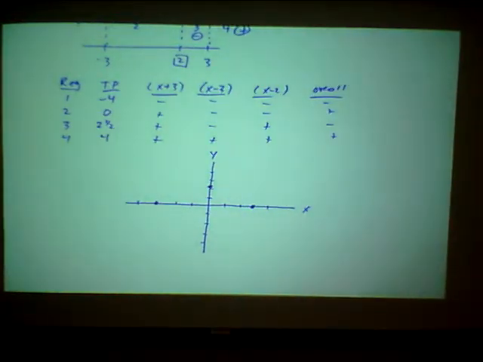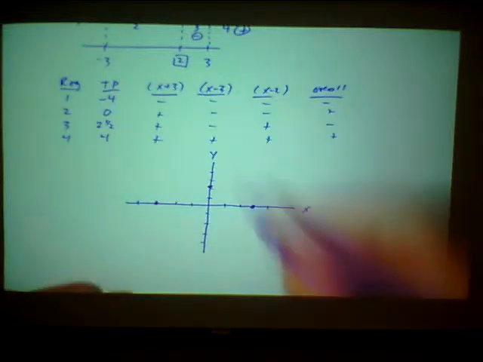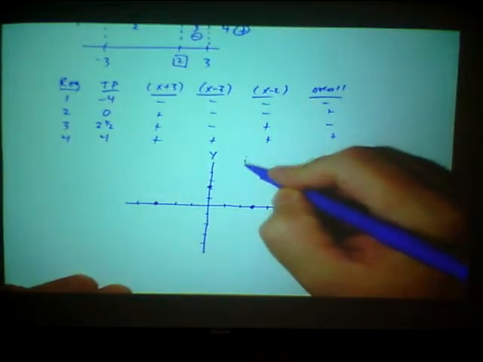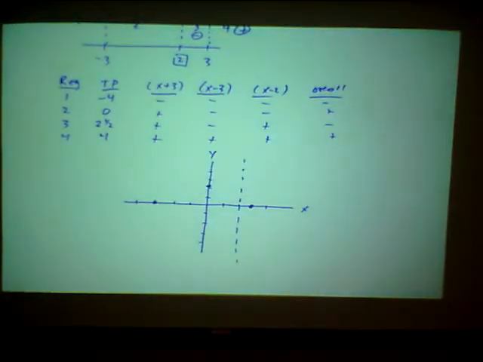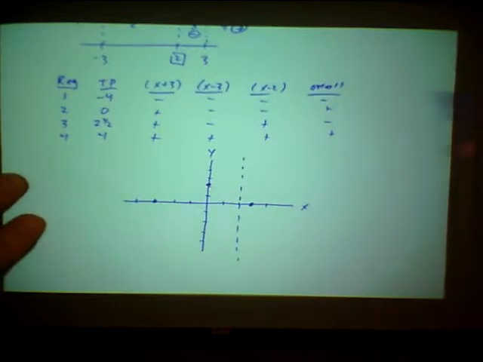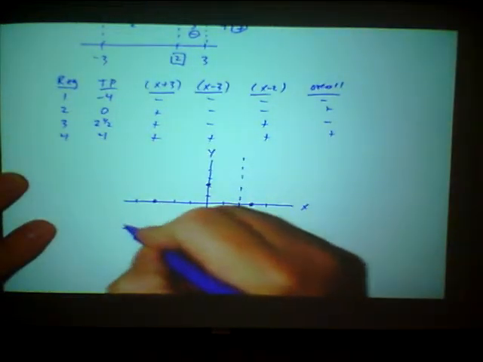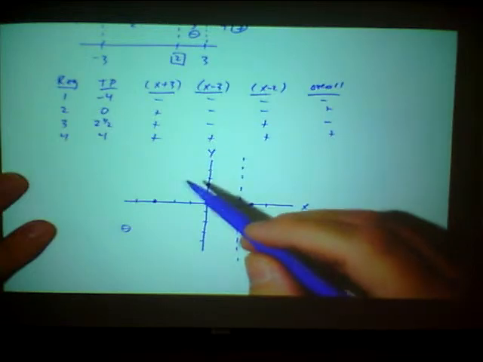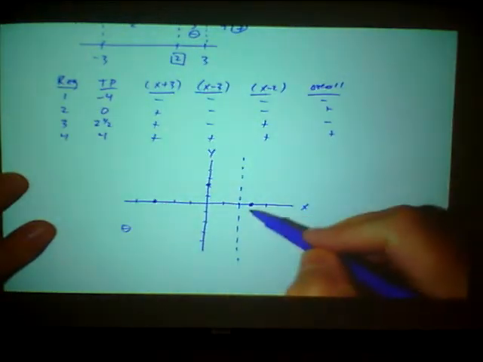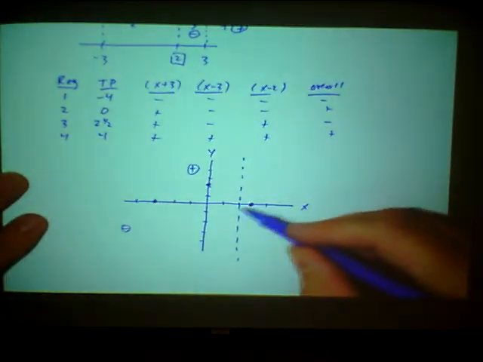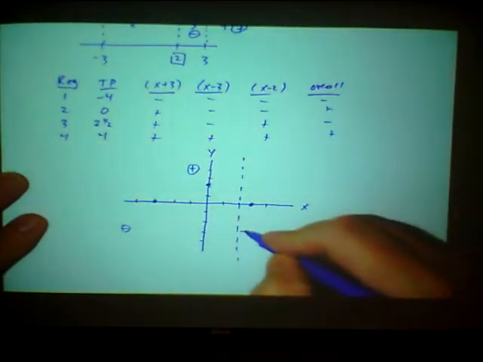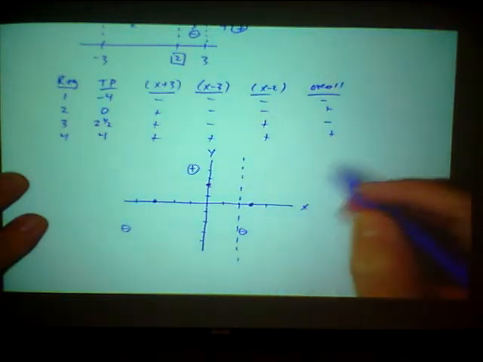I have a vertical asymptote at x equals 2. And then let's put in my sign chart stuff. So from negative 3 to negative 4, this region is going to be negative. Then from negative 3 to 2, it's positive. And then from 2 to 3, it's negative, right in here. And then from 3 on, it's positive again.